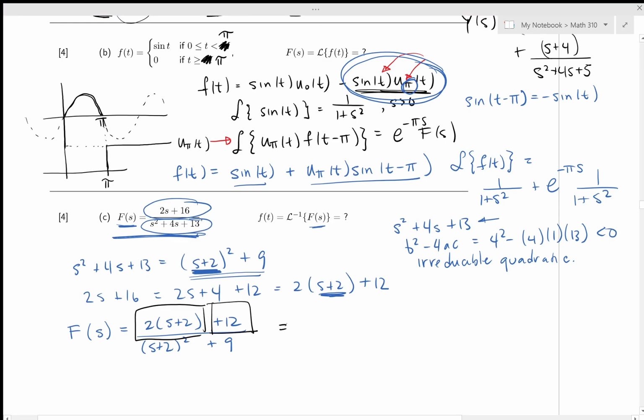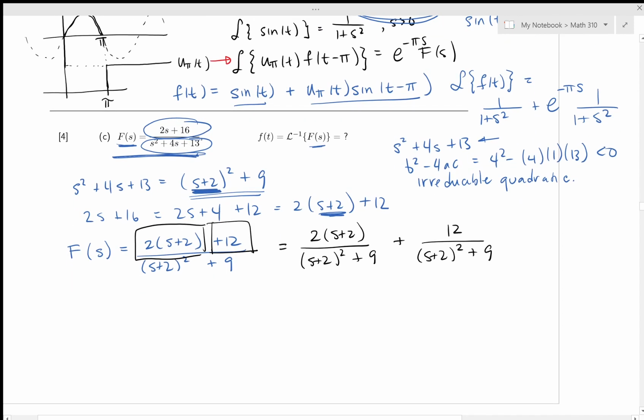That is going to be 2 times s plus 2 over s plus 2 squared plus 9, and 12 divided by s plus 2 all squared plus 9. Now I can take the Laplace transform of these two pieces independently, and they are very much like something I can get from the table.